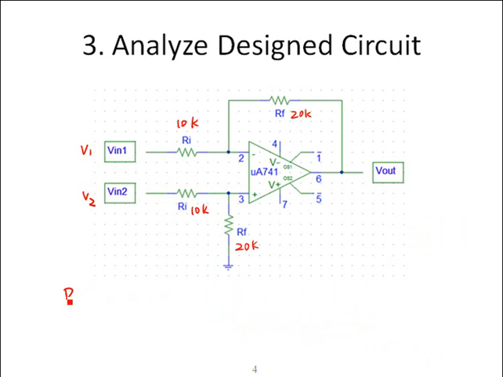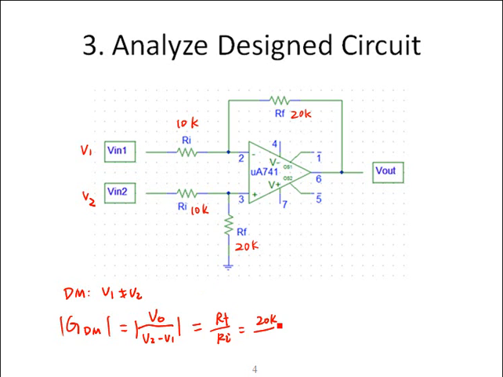As for the differential mode, that is, when the two inputs are not equal, the differential mode gain is defined as the output over the difference of the two inputs, which is equal to Rf over Ri. With the current components, 20K over 10K, this is equal to 2 theoretically.